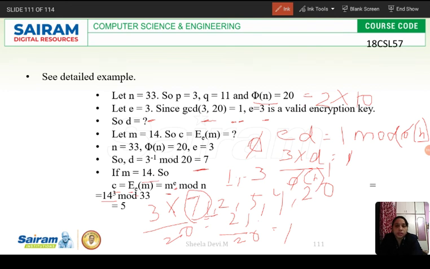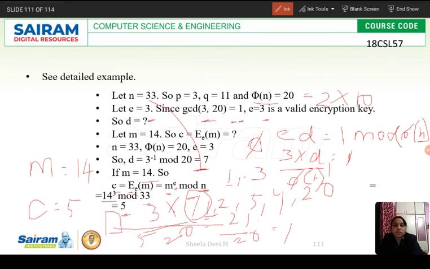E comma n is the public key and D is the private key, as I said. So 14 power 3 mod 33, where 33 is n, is equal to 5. This is the ciphertext of the message 14, which will be sent through the transmission medium.